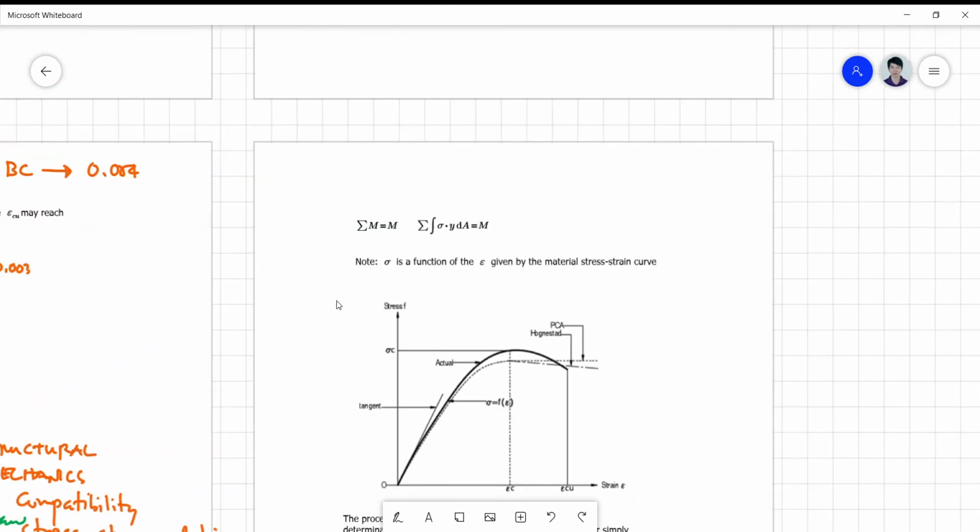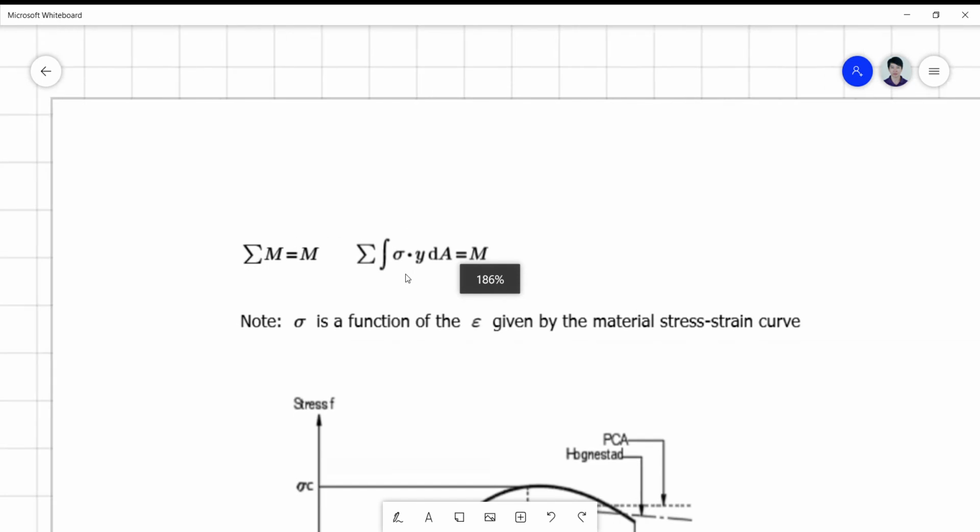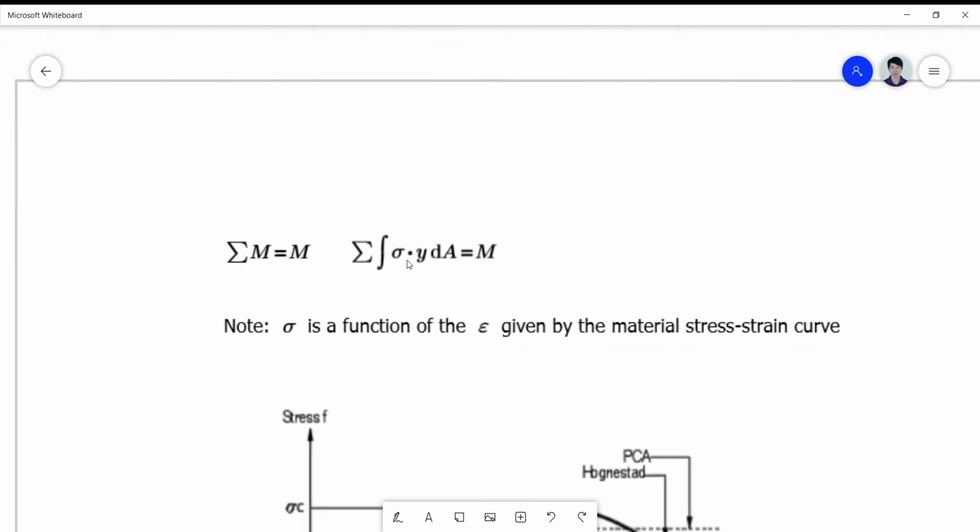And the moment is simply the force multiplied by a moment arm. So that's why this has a sigma y dA. This is the force, and this is the arm.